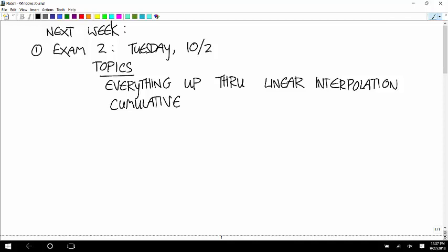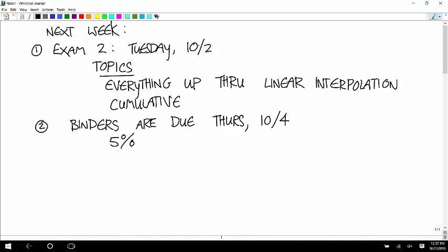Okay, and then the second thing next week is I'm picking up the binders for the first time. That'll be on the 4th. And so that's going to be 5% of your grade, just making sure that's complete.